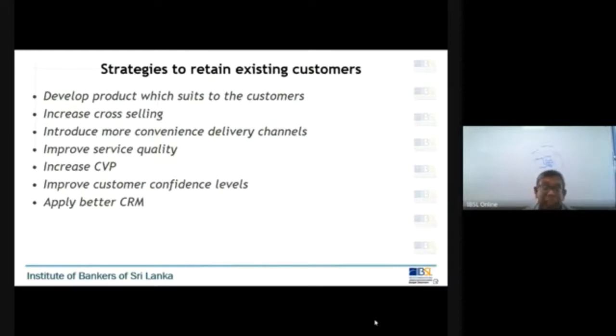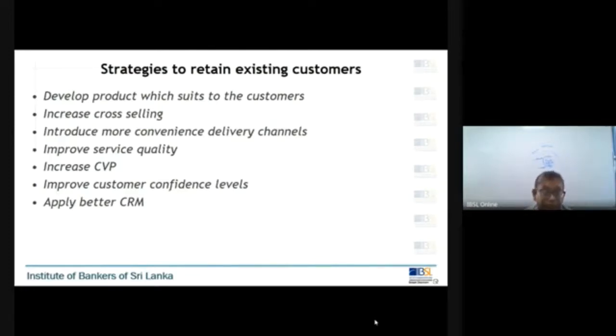That is cross-selling, right? Third one, introduce more convenient delivery channels. Today customers are very busy and have no time to go to the banks. You must offer a lot of facilities, digital products, online banking facilities, convenient delivery channels, right?